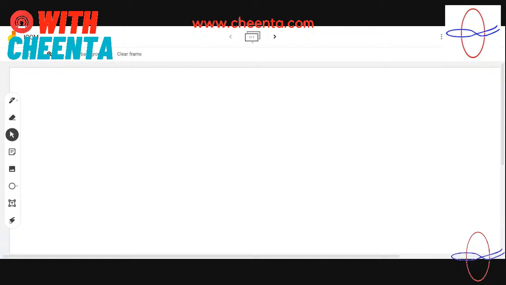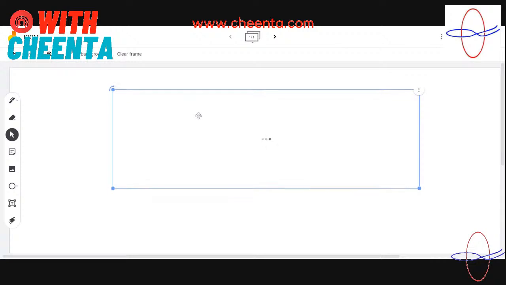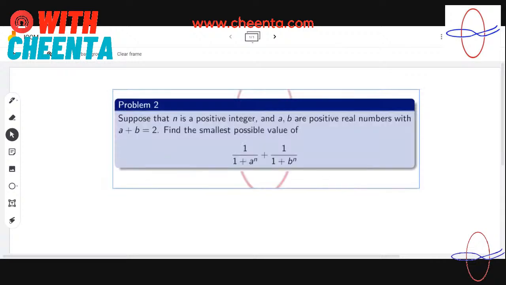So let's do the first problem, guys. In the problem, it may be written as problem two because problem one is a little more. Okay, hello. So this is problem two. Okay, so problem rather one for you.